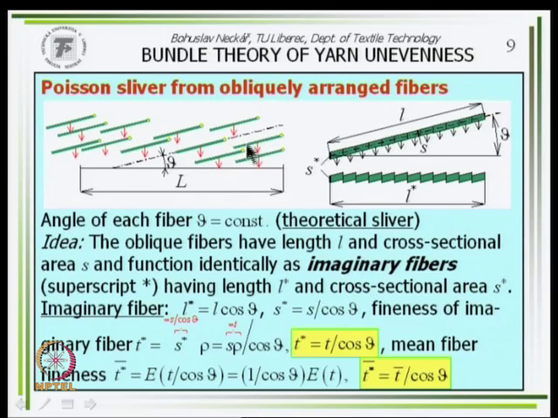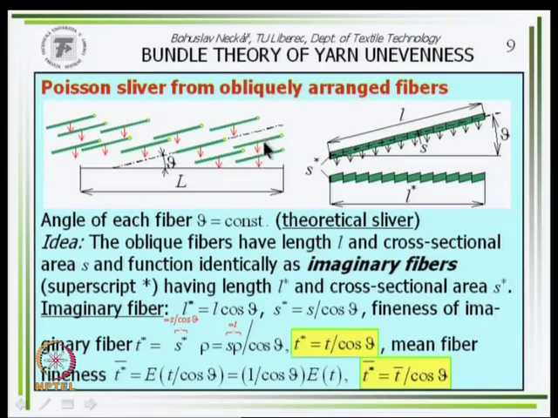Let's solve the theoretical case. Practically, I don't imagine how it is possible in a technological process to realize, but a theoretical sliver where each fiber, created like this here, based on this scheme, has the same angle theta to the longitudinal direction of the sliver.